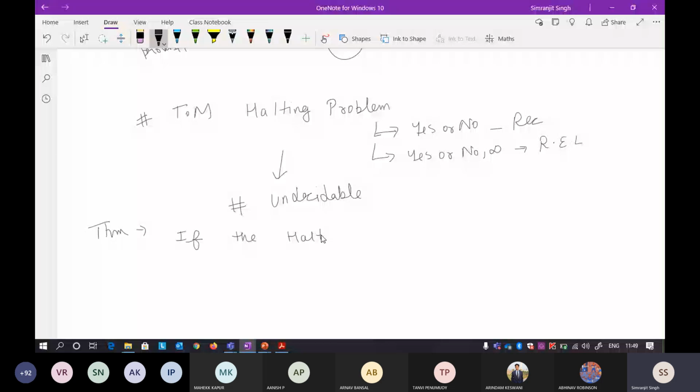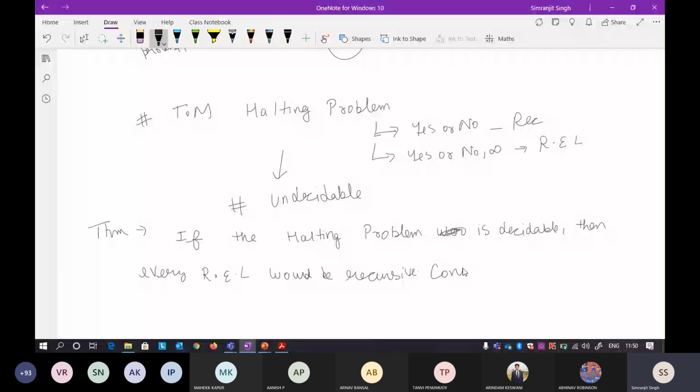The theorem says: if the halting Turing machine problem is decidable, then every recursively enumerable language would be recursive. That is a self-explaining statement. Consequently, I can say the halting problem is undecidable.